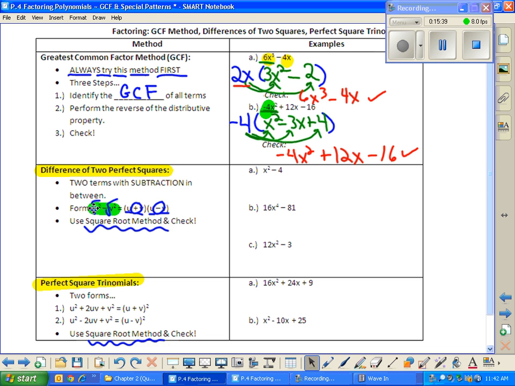Look at your paper. It is on there. When you see x squared minus 4 on your paper, put your finger on it. You see it? Ooh, it's in the warm-up.